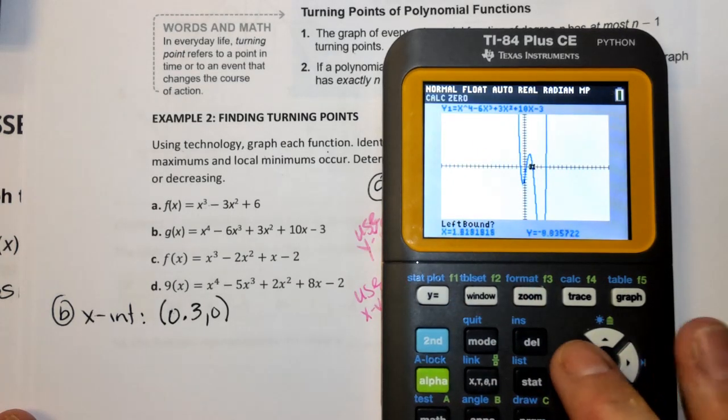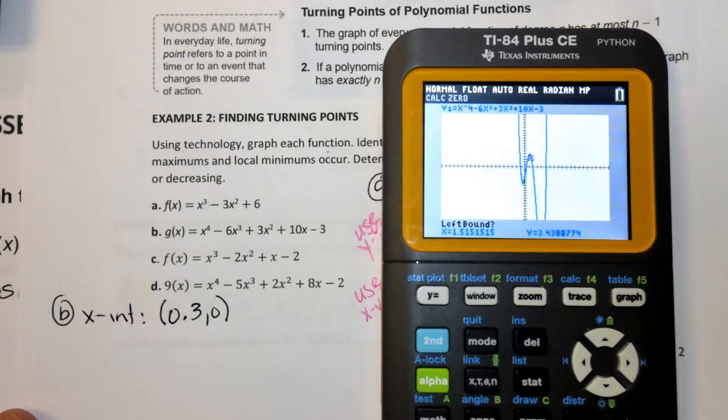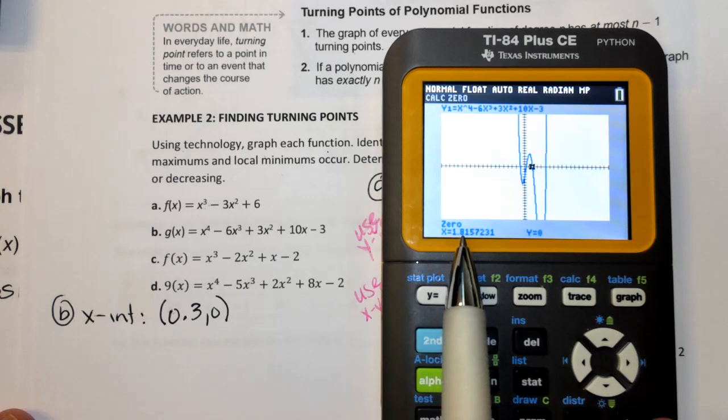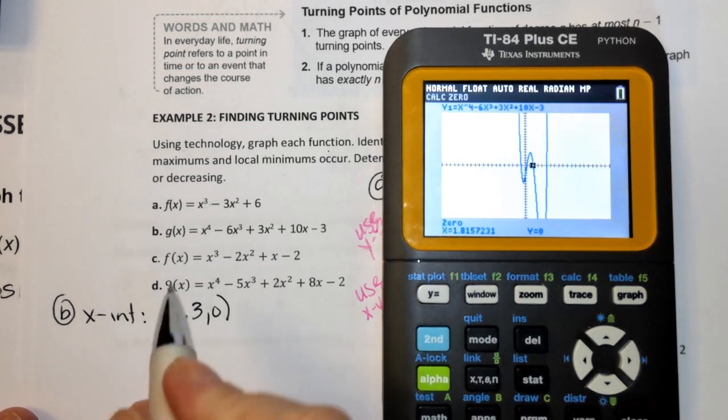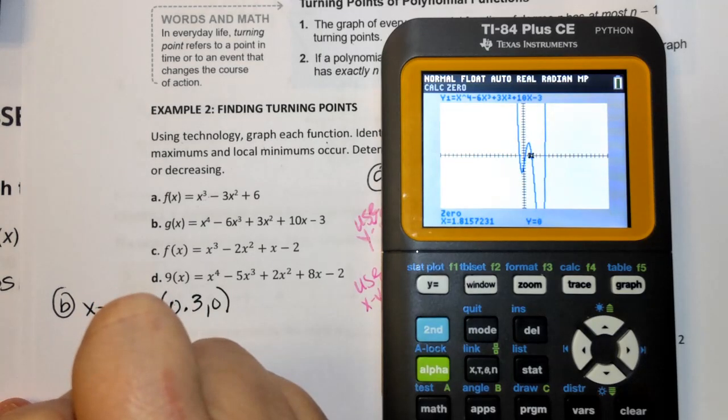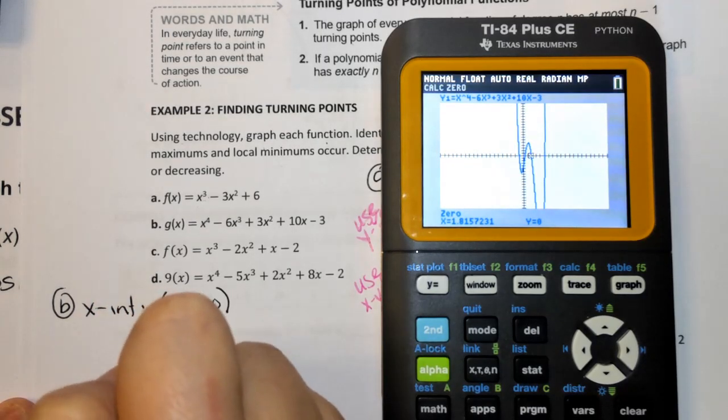And I want this intercept, so I'm going to start about there, and then come down a little bit and hit enter there. And guess, yes, hit enter again. It tells me that my 0 is 1.81. So I'm going to round to tenths place, and so my other x-intercept would be 1.8, comma 0.